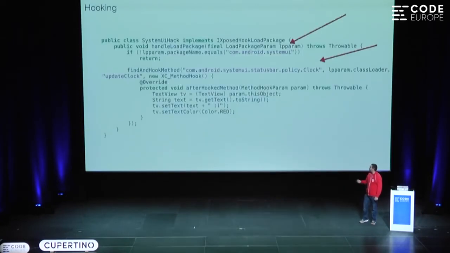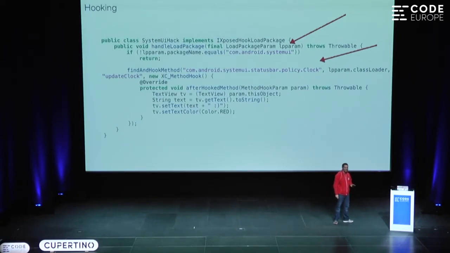So one example of it is we have the system UI here. We're basically listening to every single time the clock updates. Every single time it updates, we're not trying to do anything horrible here, but imagine what could be done. Every single time it updates, we just set some text, and we set some colors, and we're setting a smiley face there. So we're not doing anything creepy.